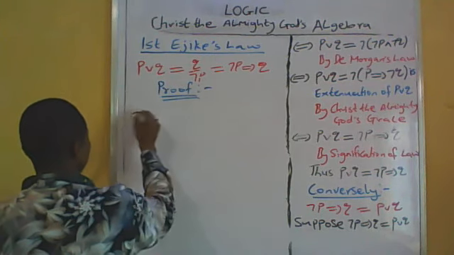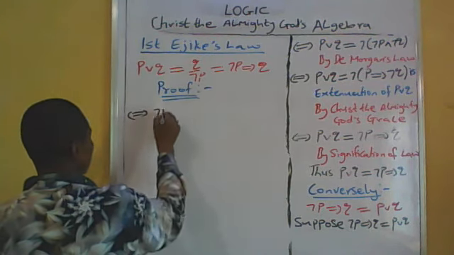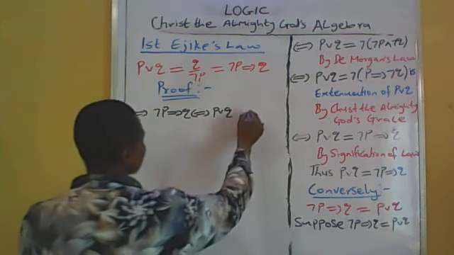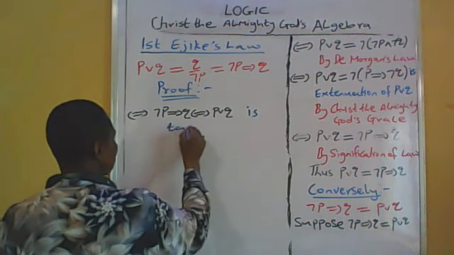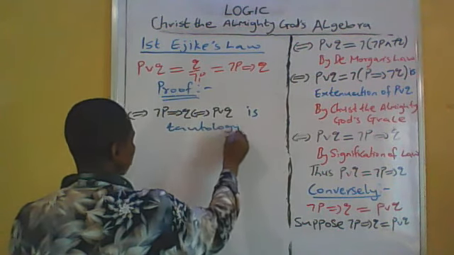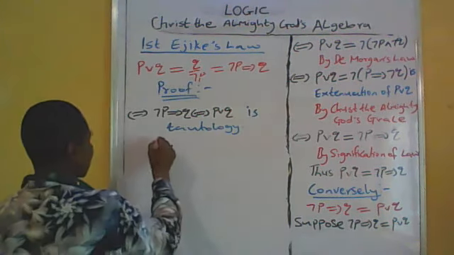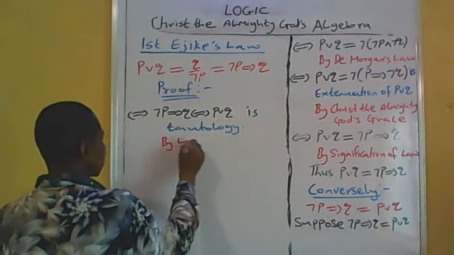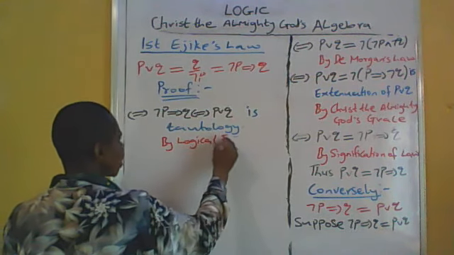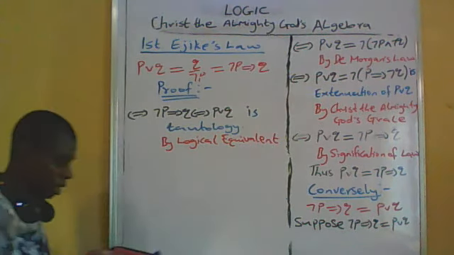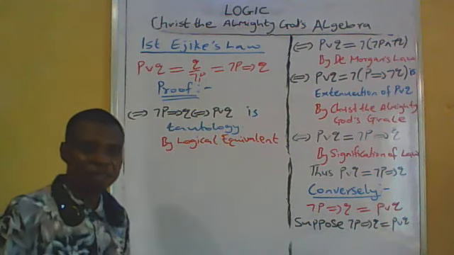That is, not P implies Q if and only if P or Q is a tautology, being justified by logical equivalence.